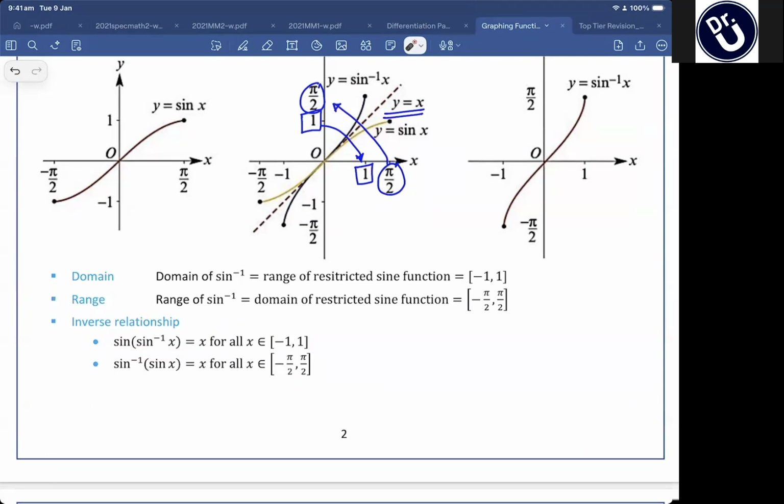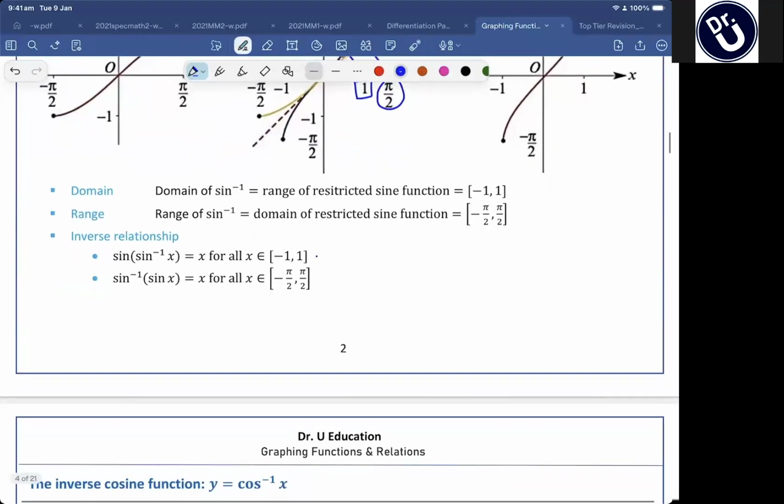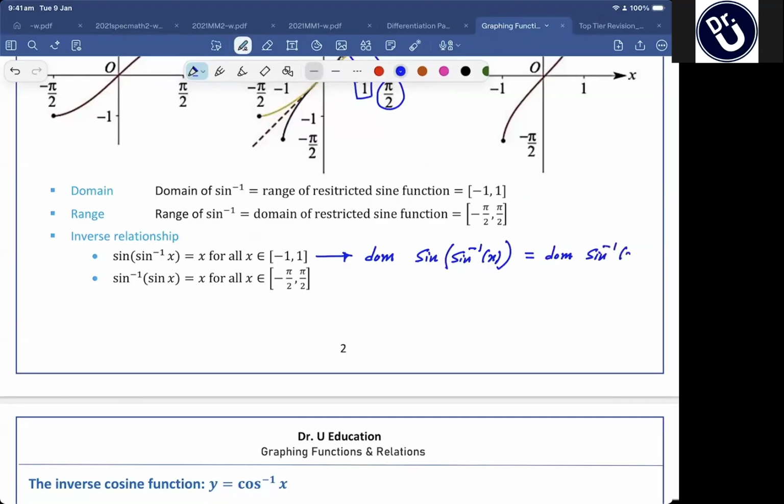So now by looking at this, you can conclude one more thing. That would be: the domain of sine inverse x is equal to the domain of sine inverse x, right?